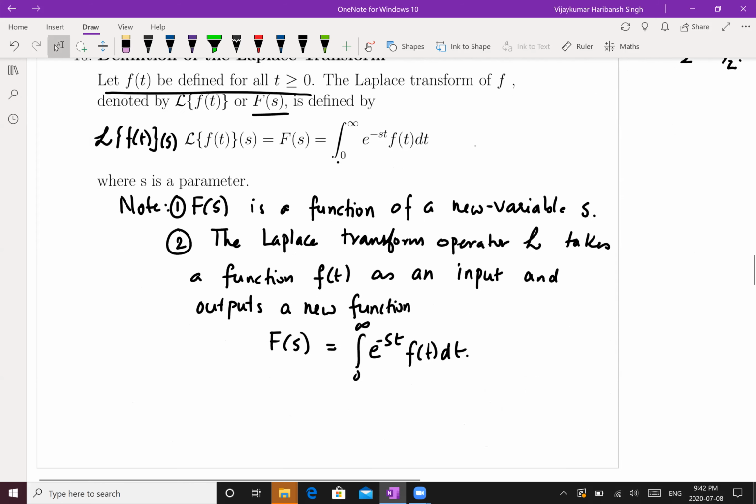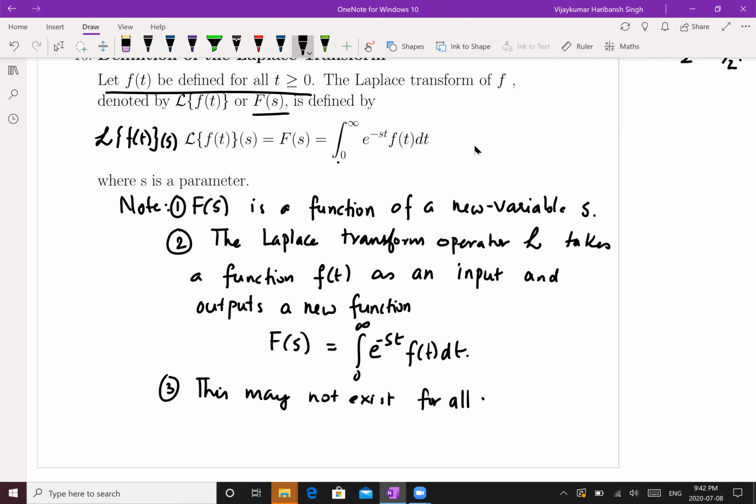So clearly, this transform may not exist for all values of s, or for that matter for all f as well.